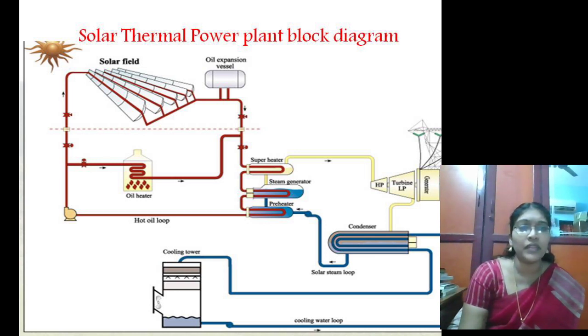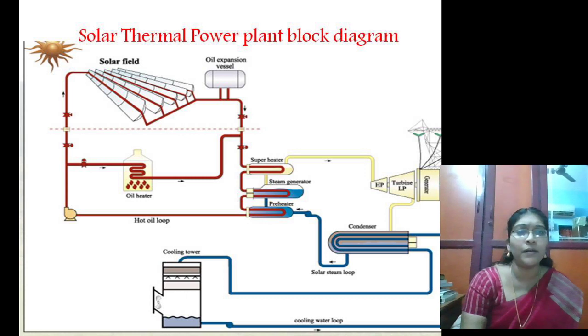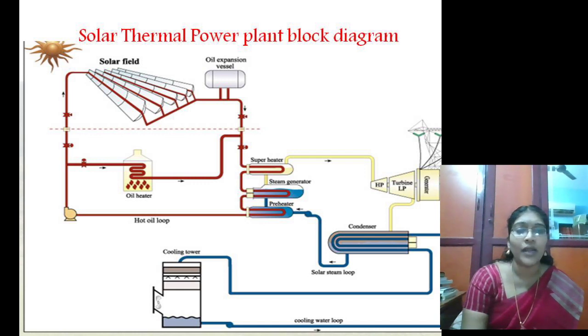The solar field, actually these are the solar panels, absorbs the solar energy, and here it is converted into steam, and this steam makes the turbine rotate. The generator is connected to it, and the generator generates electricity.